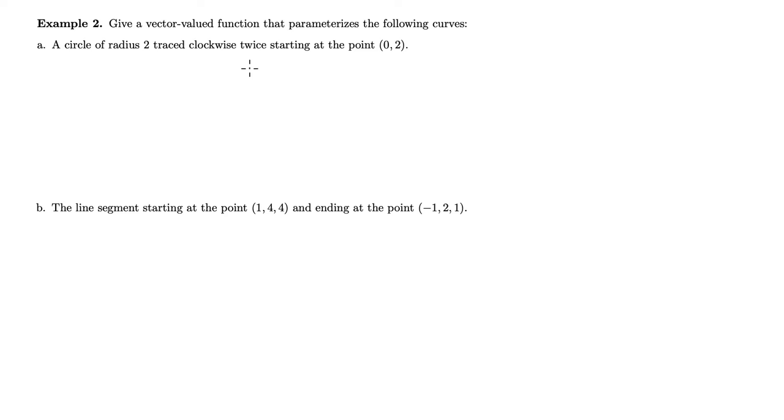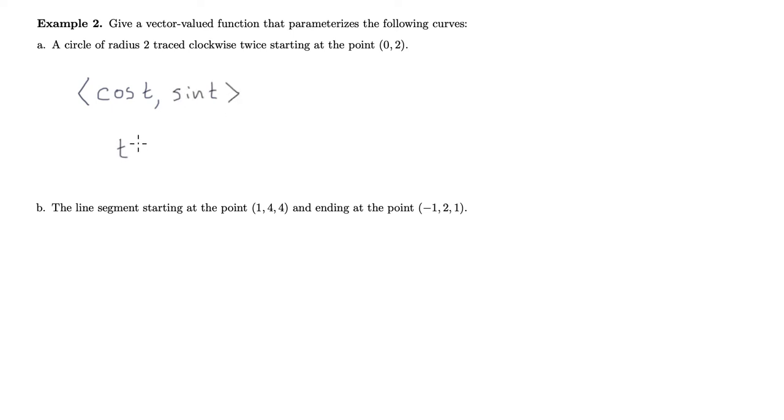So there's a lot of things that play a role. So it's just something to keep in the back of your mind. So before we get into this, let's just recall that one parameterization of a circle is this.